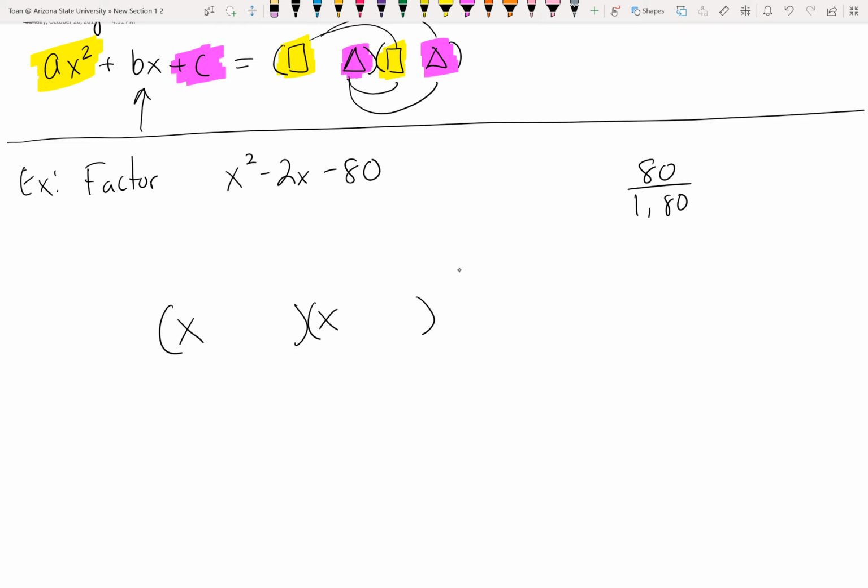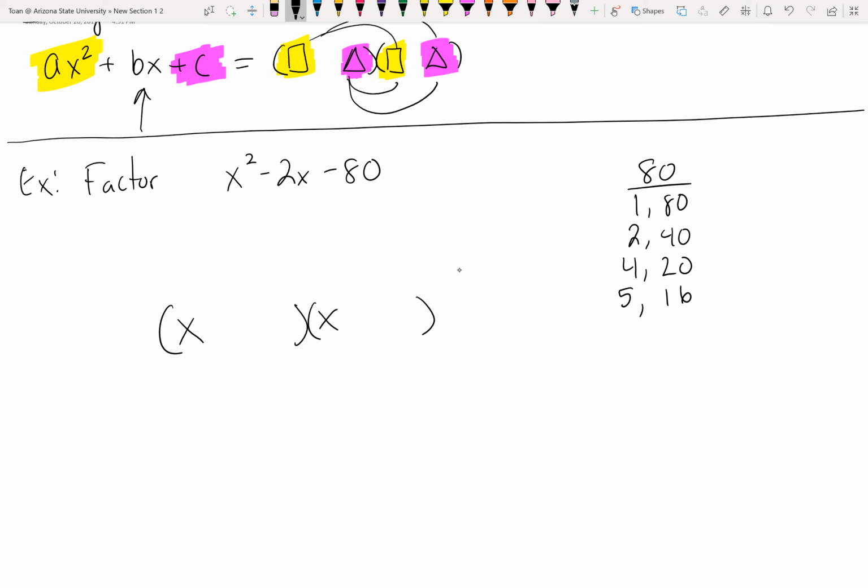So for example, move on to 2. I will either do it in my brain or on the calculator, 80 divided by 2. Hey, it gives me a whole number, so I'll write it down. 2 and 40. Move on to 3. 80 divided by 3 will give you a decimal, so move on. 80 divided by 4 gives you a whole number, 20. 80 divided by 5, hey, that works.